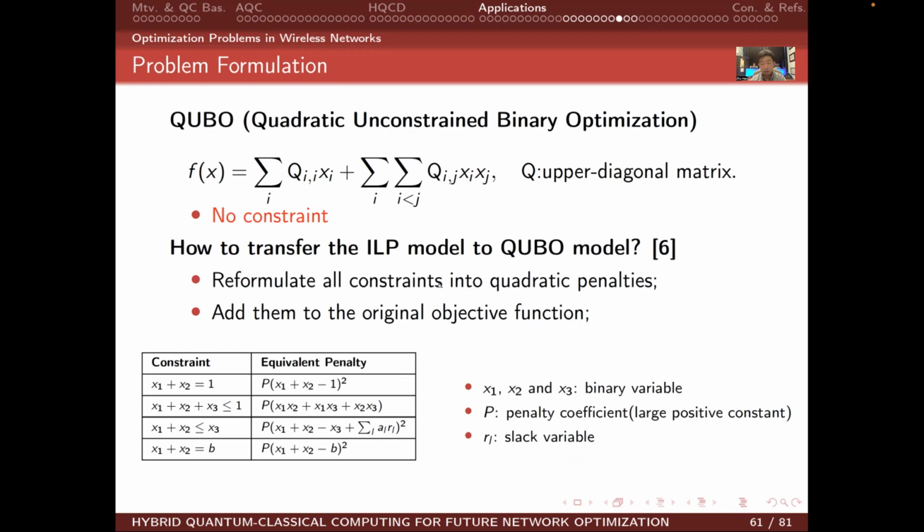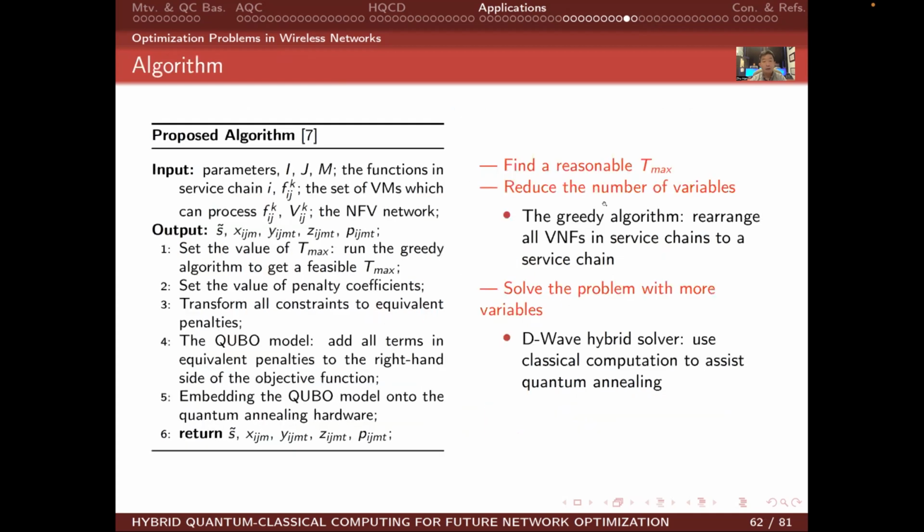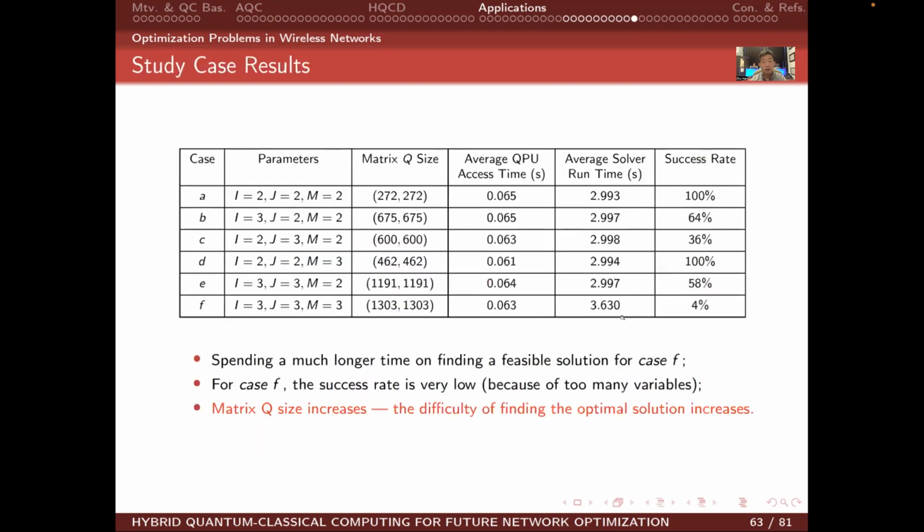So we transform the previous constrained integer linear programming into this QUBO format without constraints. And here is the overall algorithm: find a reasonable Tmax, reduce the number of variables, and solve the problem with more variables. In this case, we use a D-Wave solver to solve this QUBO problem.